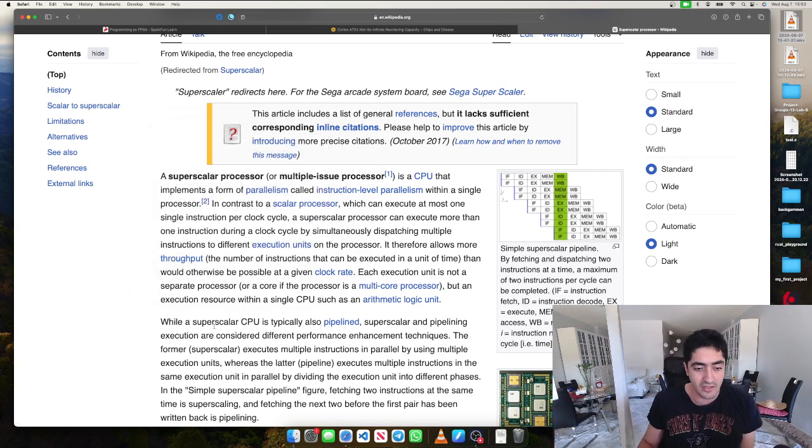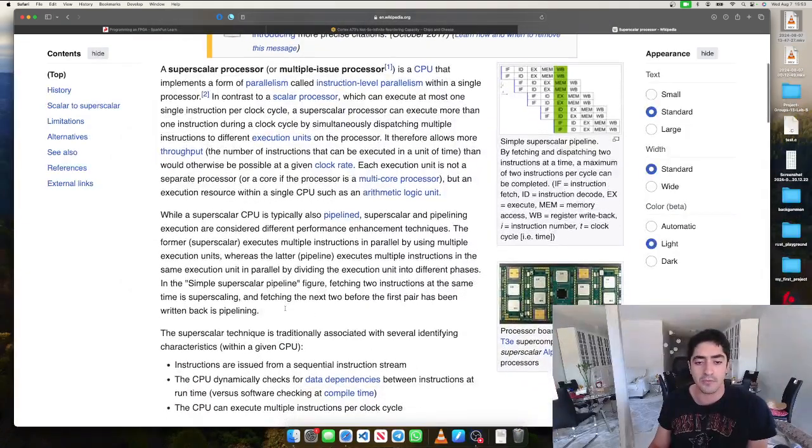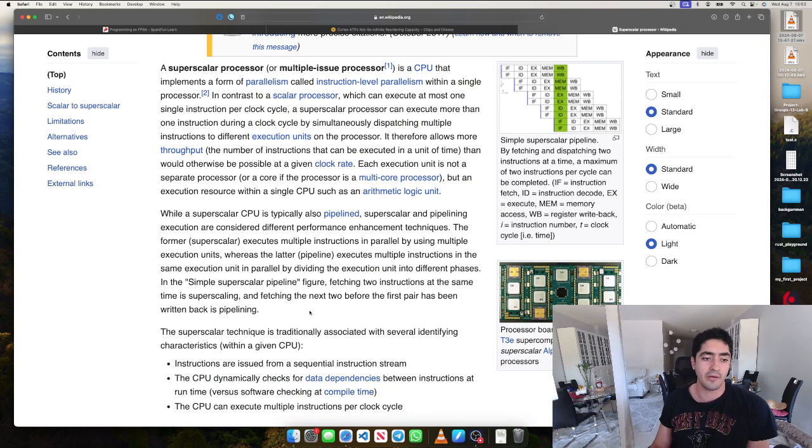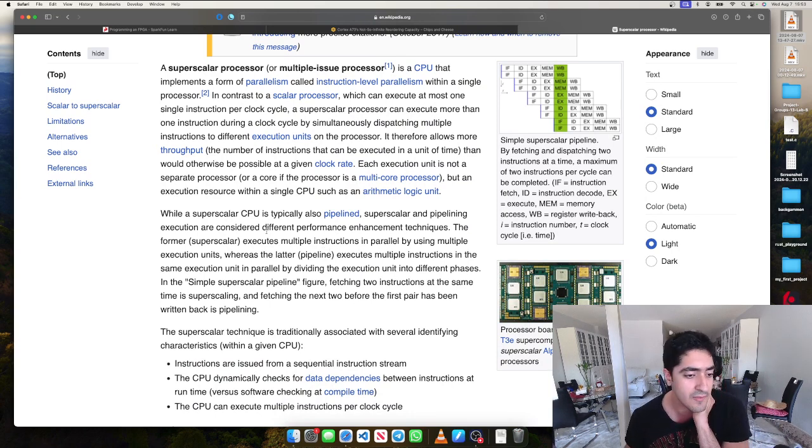While a superscalar CPU is typically also pipelined, superscalar and pipeline execution are considered different performance enhancement techniques. The former, superscalar, executes multiple instructions in parallel by using multiple execution units, whereas the latter, pipeline, executes multiple instructions in the same execution unit in parallel by dividing the execution unit into different phases.